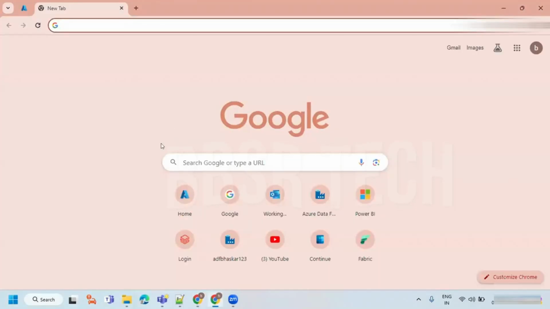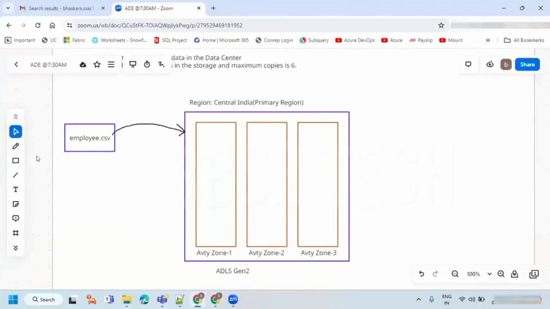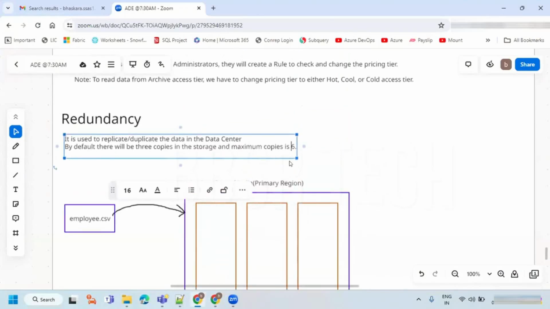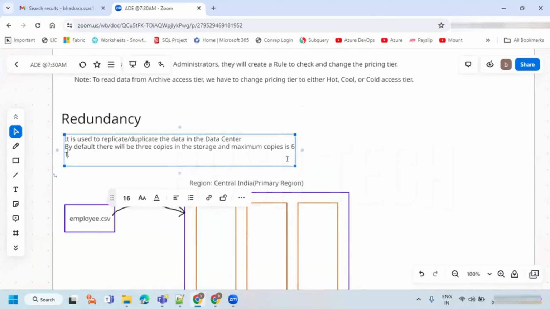So let me create a storage account. Then you can see the first type of redundancy I'm going to take first. There are 4 different types of redundancies.